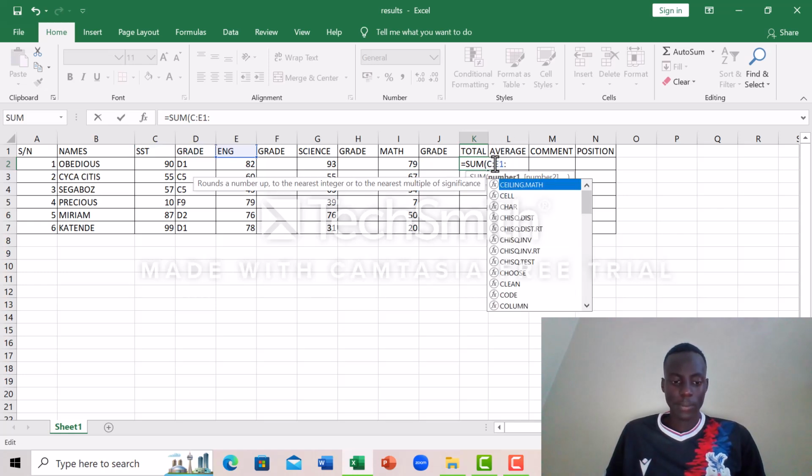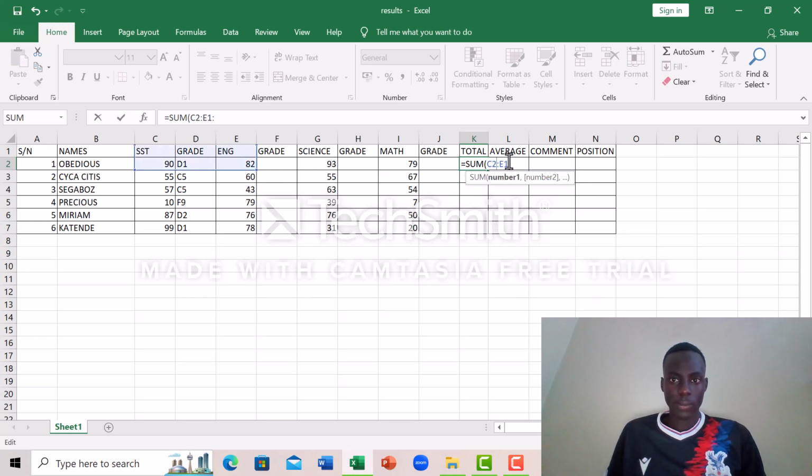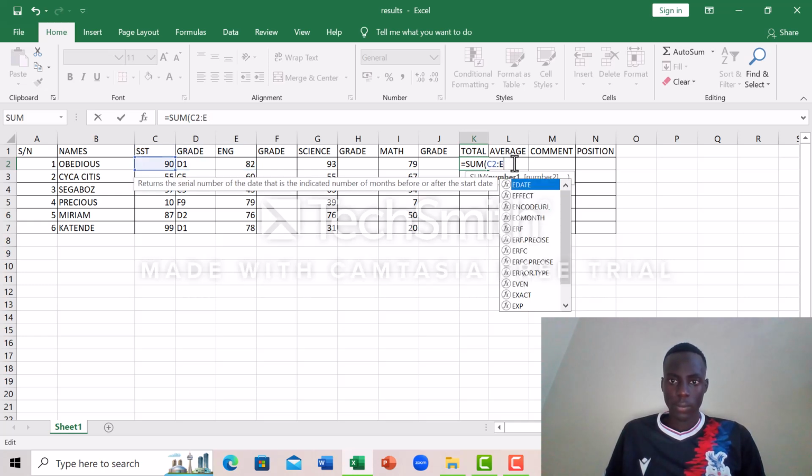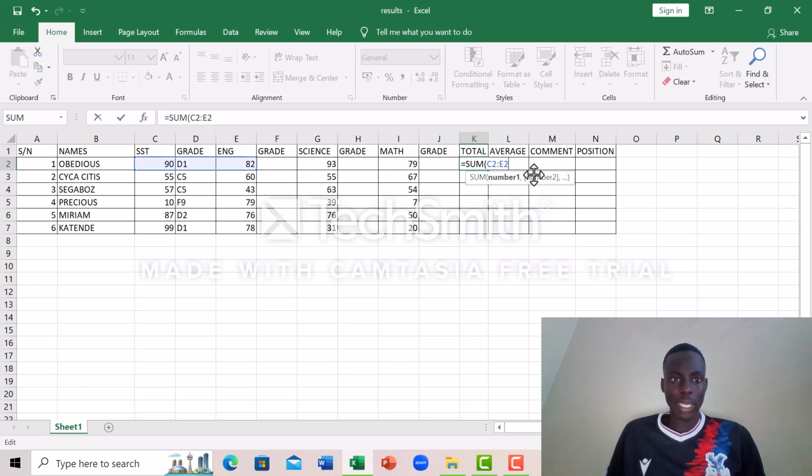Then we press shift. These things help us to know the cells we are in, and it really helps us a lot to understand and identify what we really need in the process. So E2, then again shift.